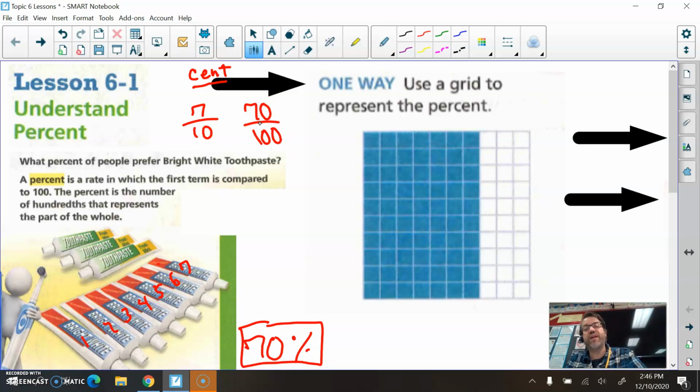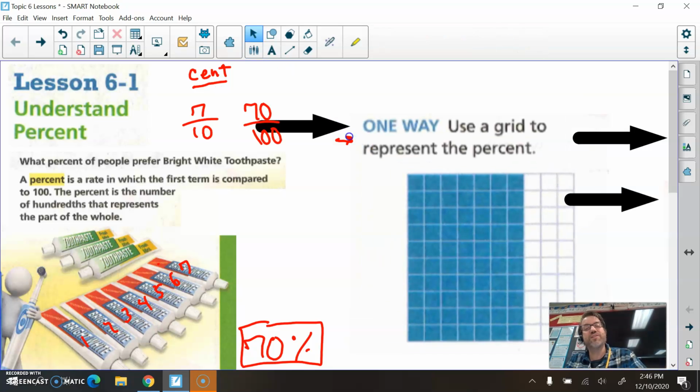So that's how you can see here each of these individual rows has 7 squares out of 10 that are shaded. You have 7 out of 10 here, you have 7 out of 10 here, and so on. Every single one of the rows, as you work your way down, has 7 of the 10 shaded in. So we have 70 out of 100, or 70%. So that's another way you can represent this percent.